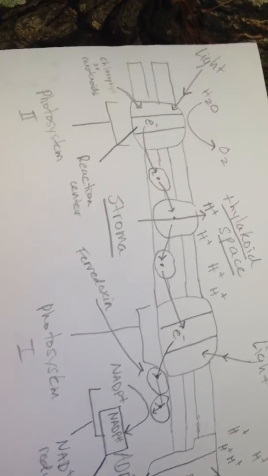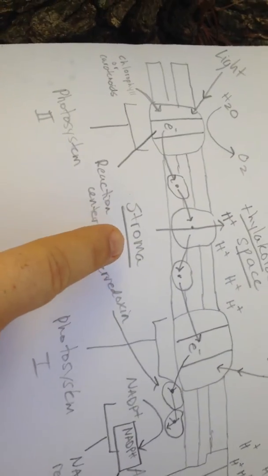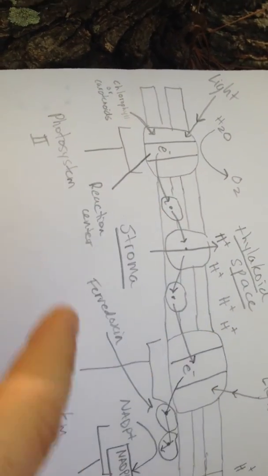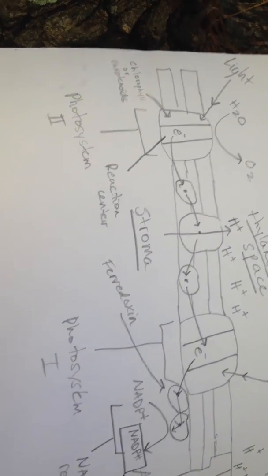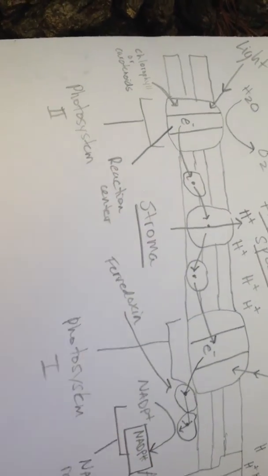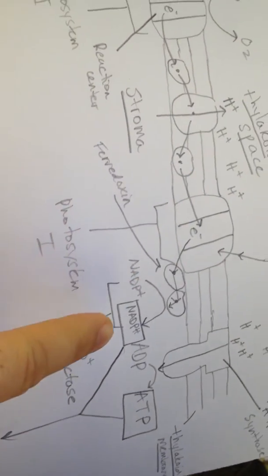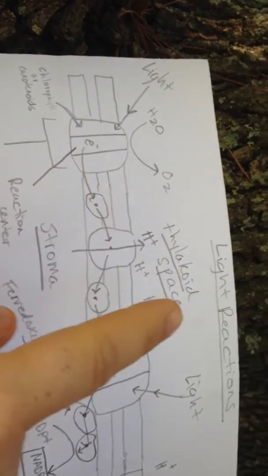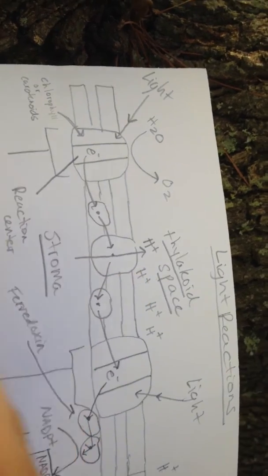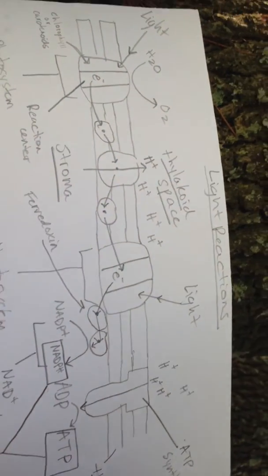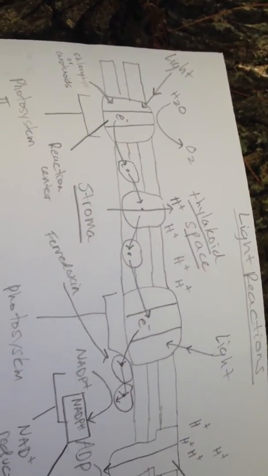And this side is the stroma, kind of like the matrix of mitochondria. It's the stroma of a chloroplast. That's where the NADPH is being produced. Now this is the thylakoid space, the other side of the membrane inside a thylakoid.